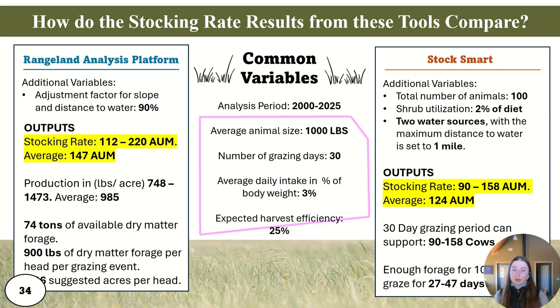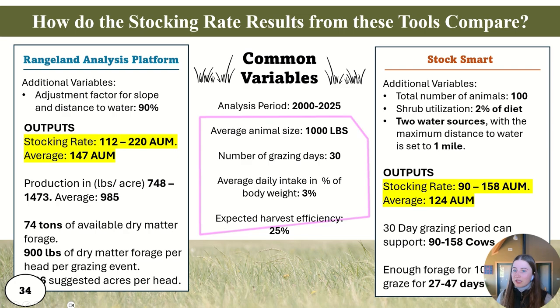Our average animal size, harvest efficiency, and intake rate are the same, and the grazing period is set to a month or 30 days. For this specific location, if we keep the common variables as consistent as possible and only have differences in water sources and cow number in our calculations, the outputs for the stocking rates differ between 23 AUMs.